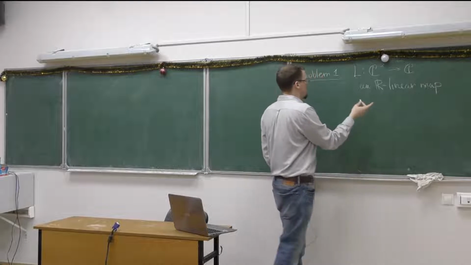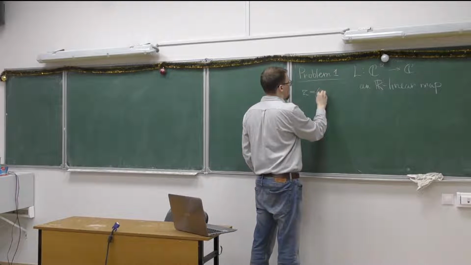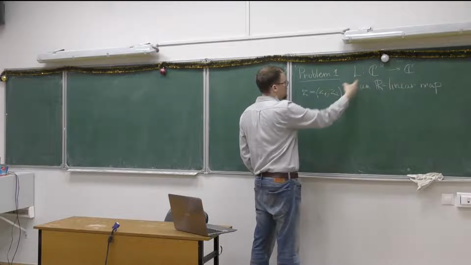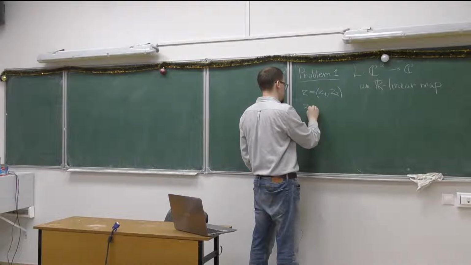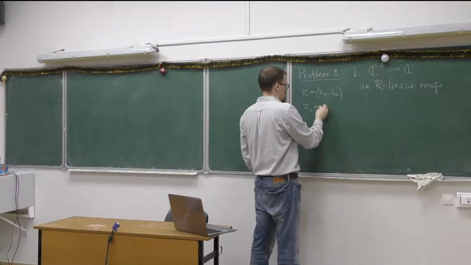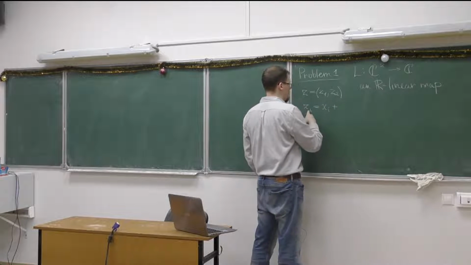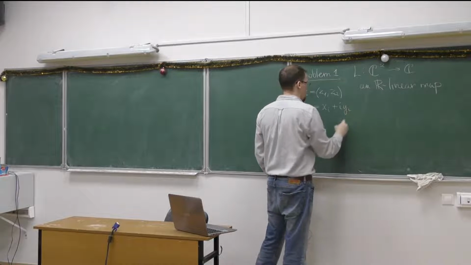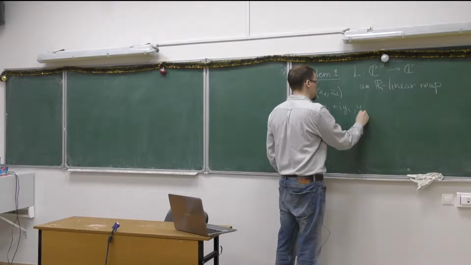So let us just fix notation. On C2 we have two complex coordinates Z1, Z2, and each Zi can be represented in this form.